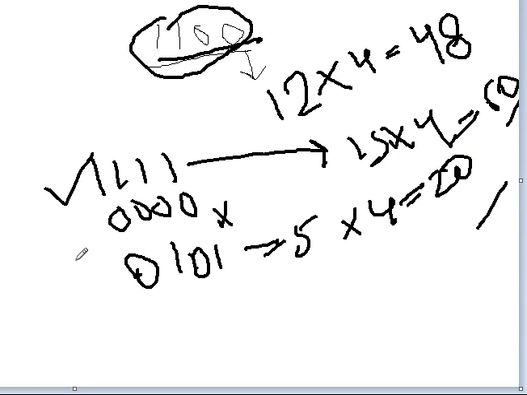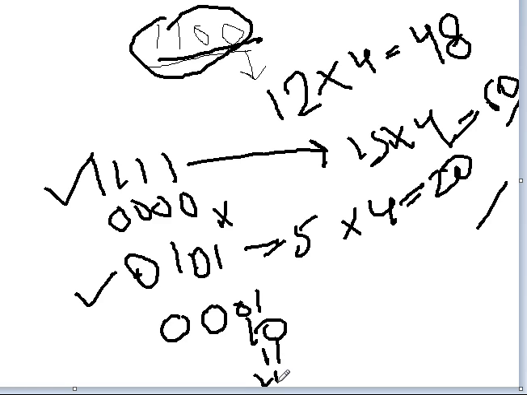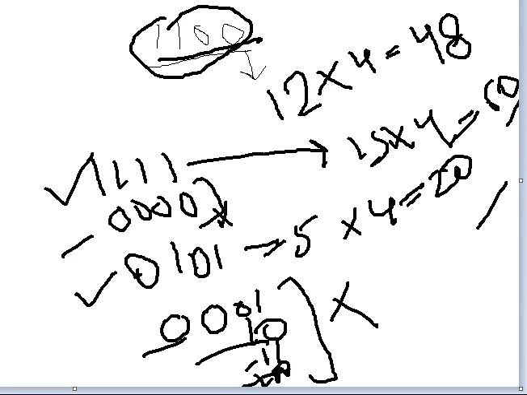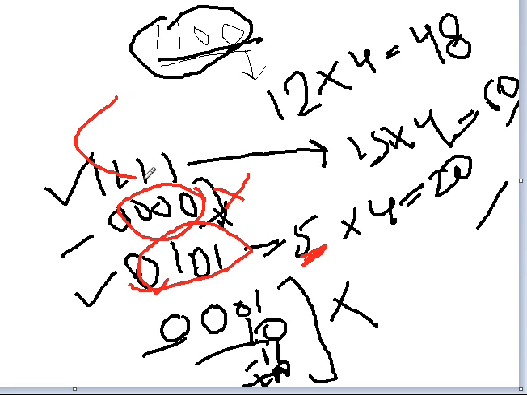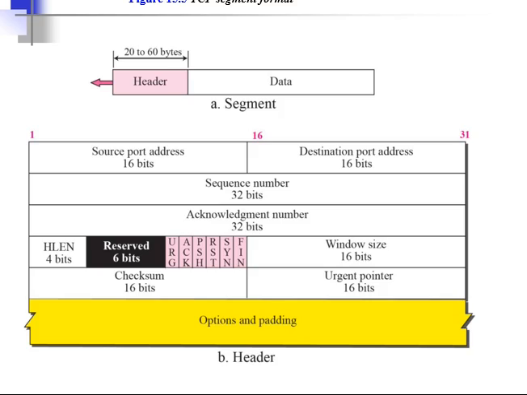The rest of the values, 0000, 0001, 0010, 0011 and 0100, are not defined. So if the header length contains these values, they are wrong. If someone says my header length is 0000, that is wrong, because the minimum header length is 20, which is 5, so it should be 0101. So this is the minimum value and this is the maximum value. Okay, so this is the concept behind header length.